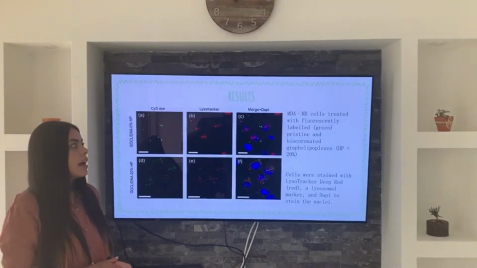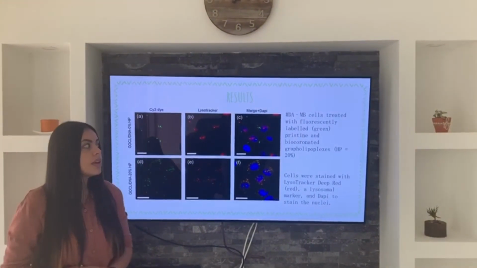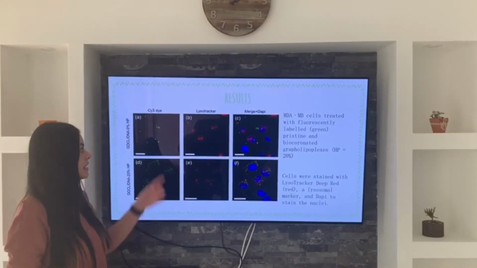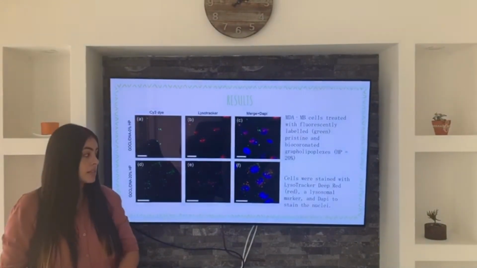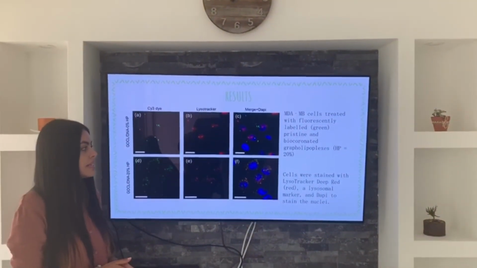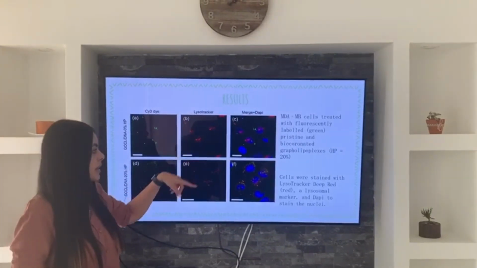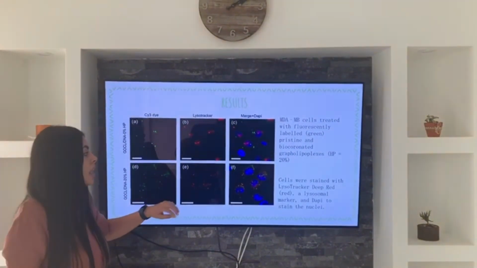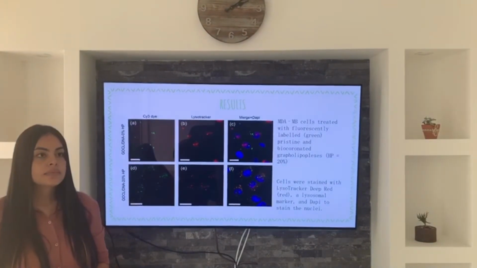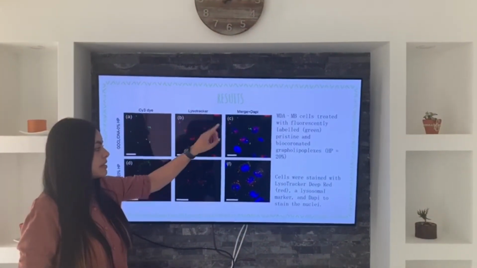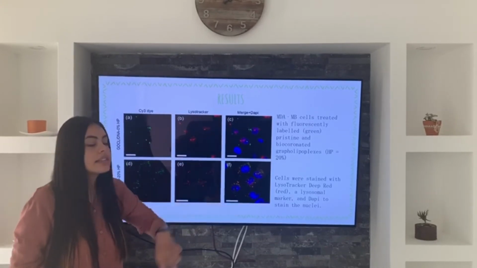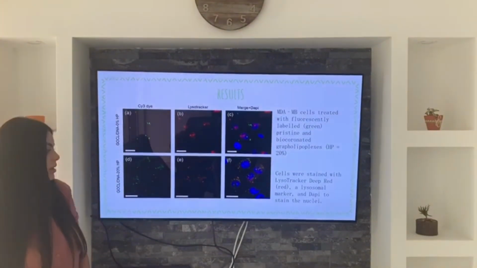And the MDA-MB cells were treated with fluorescently labeled, that is the green, pristine and biocoronated grapholipoplexes. And cells were stained with LysoTracker, that is the deep red, a lysosomal marker, and the DAPI. The DAPI is the stain of the nucleus.